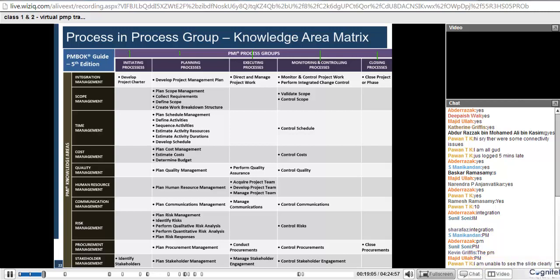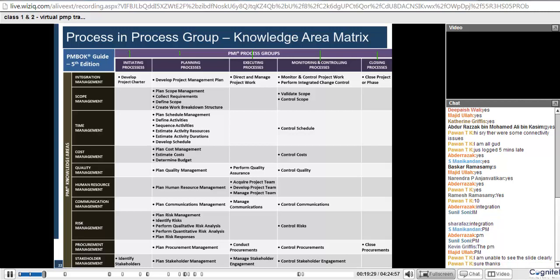There are lots of things on this slide, so if you're looking at this on a smaller screen, maybe it's not very clear. But you will receive this card in the ebook, so don't worry about it. On the top in the columns you have the process groups, and on the rows you have the knowledge areas.